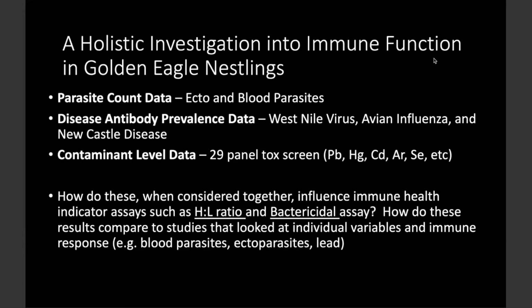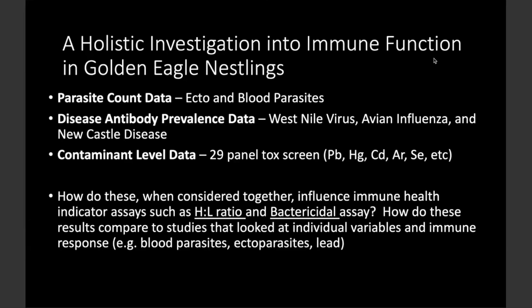And then to a sub-selection of these nestlings, we actually attach satellite transmitters. With these, we can track their movements after they fledge. That will provide us an indication of, okay, we saw all of these different levels of contaminants or disease or parasites within these birds, and this is how long they survived post-fledge.